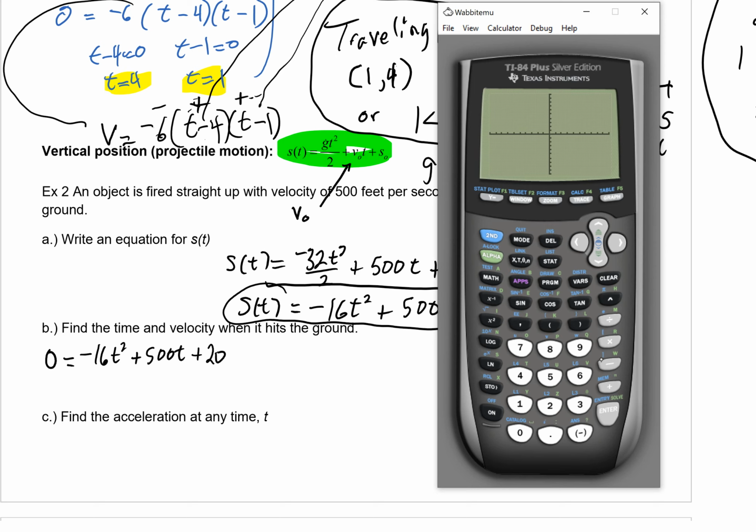As soon as you hit trace, you can see that you're up at 20, and then it's going to be going way up. You can see that we're up around 2,000 something. Oh my goodness, and it looks like it's continuing to go up quite a bit.